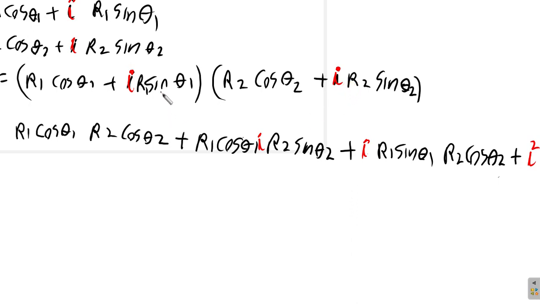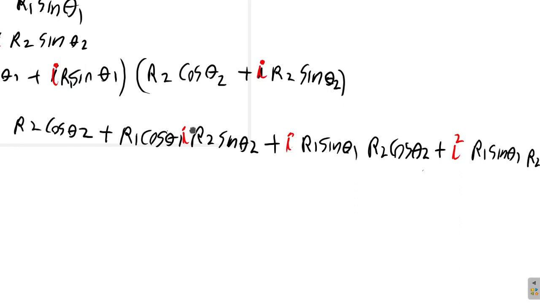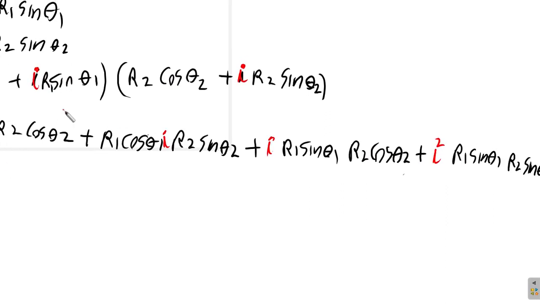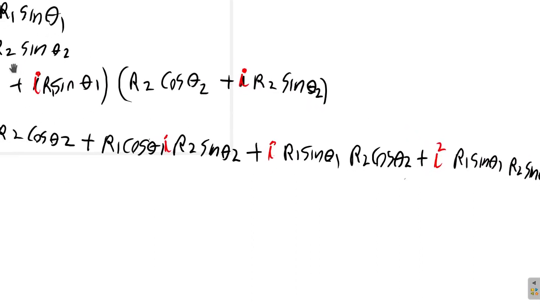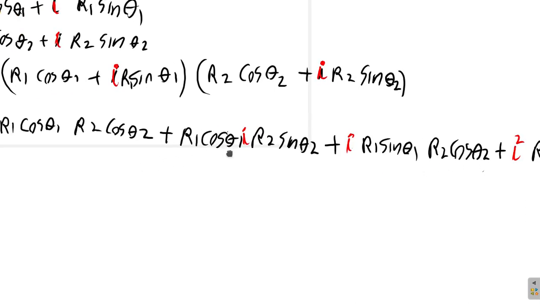Then i r1 sine theta 1 times r2 cos theta 2, and then we have i r1 sine theta 1 times i r2 sine theta 2, but the i multiplies i, so we square the i.